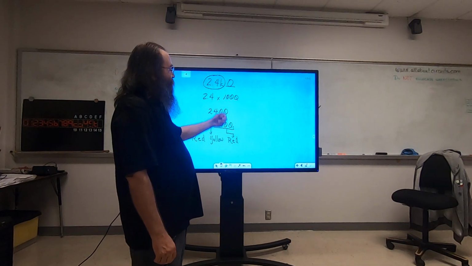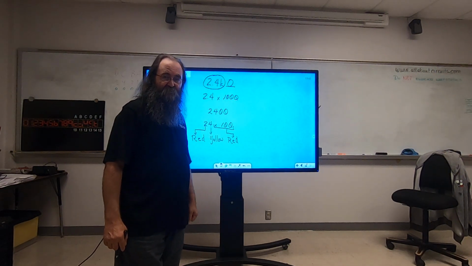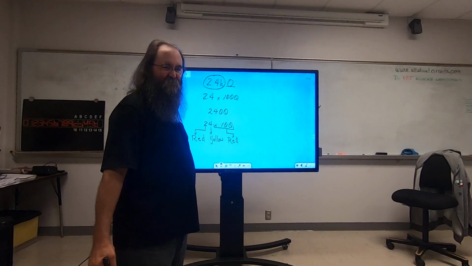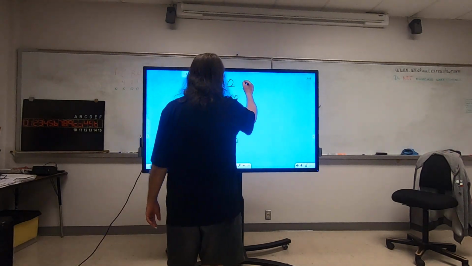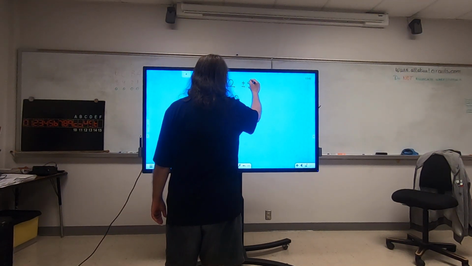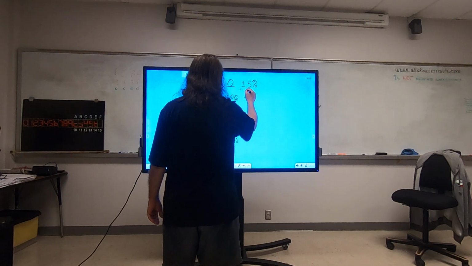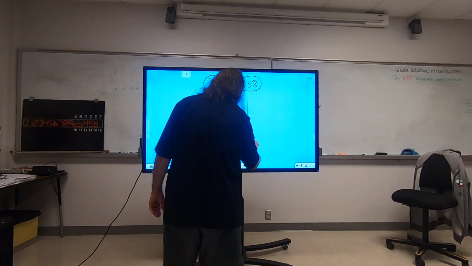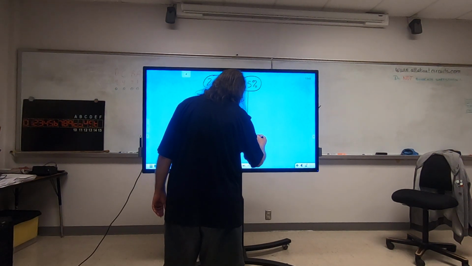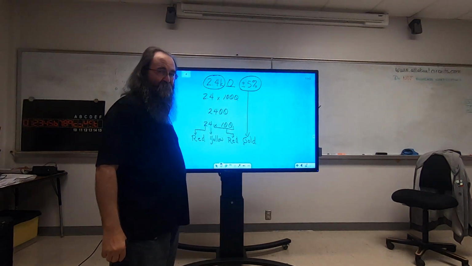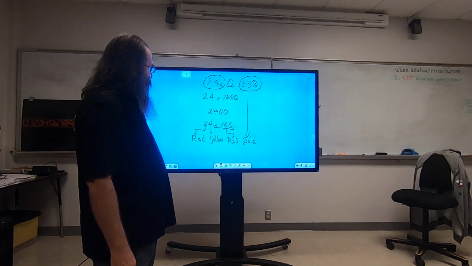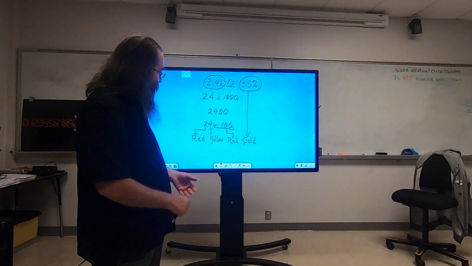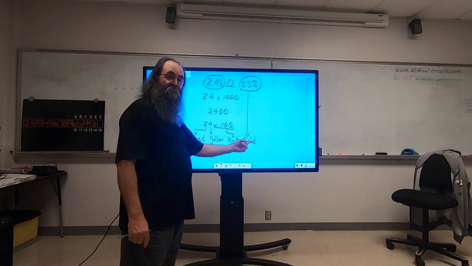Well, I didn't specify a tolerance for this resistor. This would just be something that you looked up. What if it was plus or minus 5%? Well, plus or minus 5% comes all the way down here, and that's gold. We don't do anything with it. We just interpret it. We just read it. So the resistors that you better have in your hand are red, yellow, red, gold.